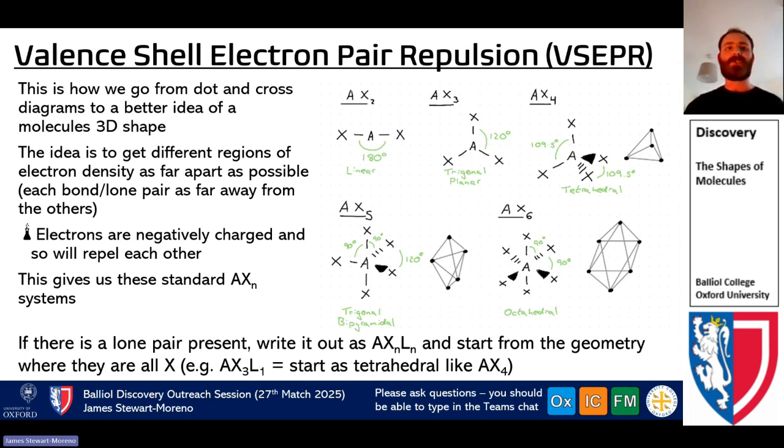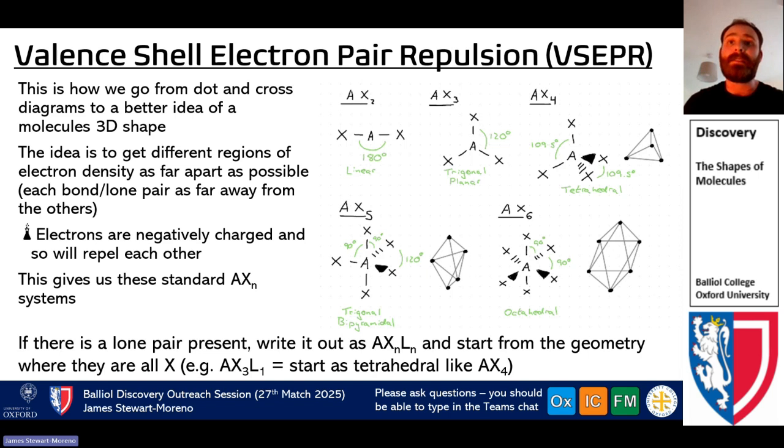So for example, in ammonia, which is NH3, that central nitrogen has a valence count of 5, and so it wants to form 3 bonds, one to each hydrogen, in order to complete its octet so that it's stable. So 3 of these 5 electrons get taken up in bonding, which leaves 2 left over. Those 2 will pair up and become a lone pair on the nitrogen atom itself.